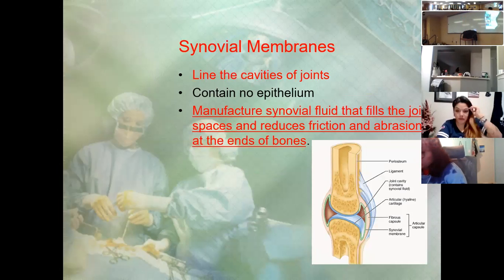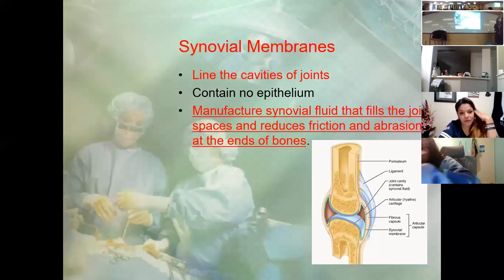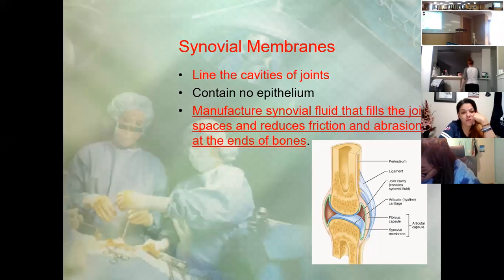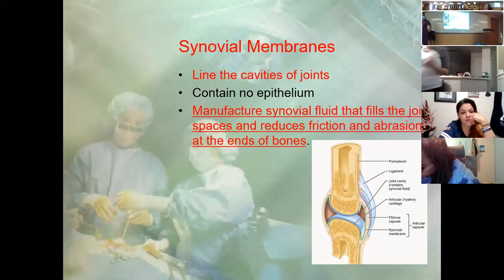Here we have our synovial membrane. Where do you think you might have a synovial membrane? In your joints. The synovial membrane lines the cavities of the joints. So when you have your freely movable joints, remember, your diarthrosis, amphiarthrosis, synarthrosis. Did you guys learn about that in MedTerm?